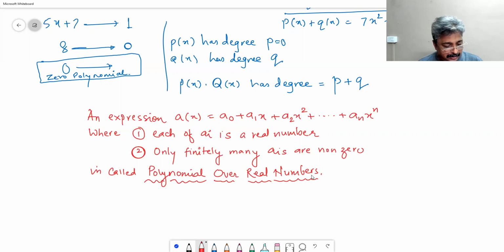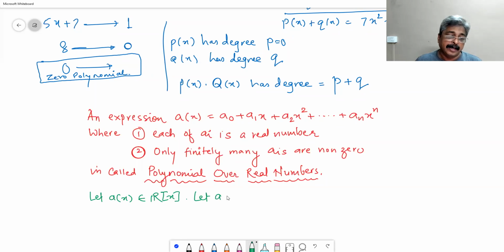Immediately we define the zero polynomial. Let a of x belong to R of x, a polynomial over reals.